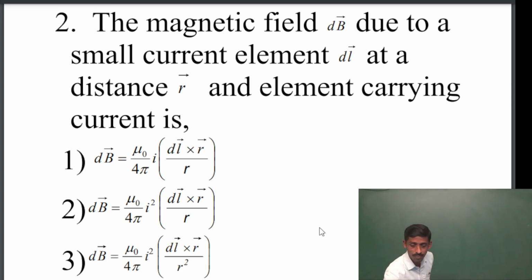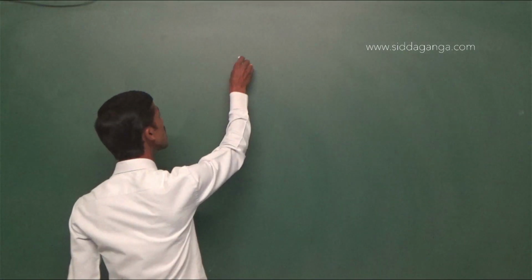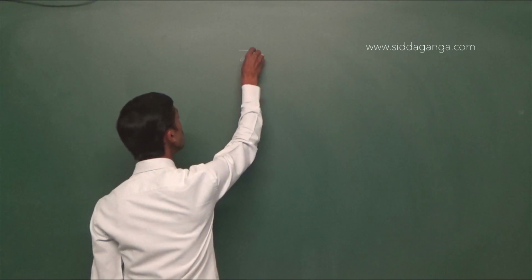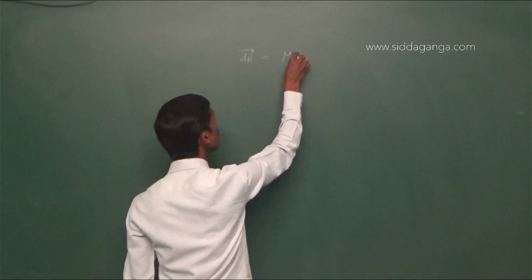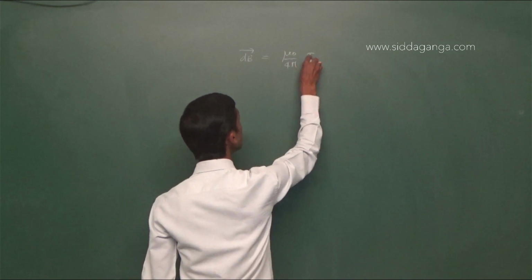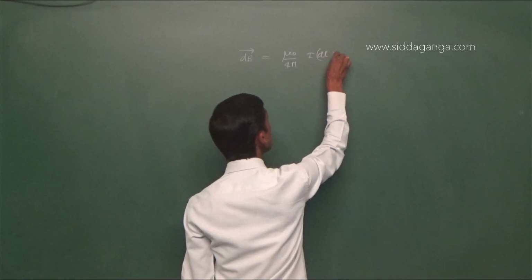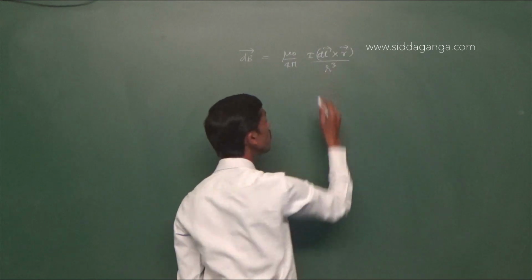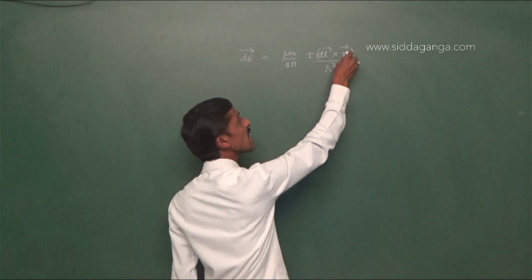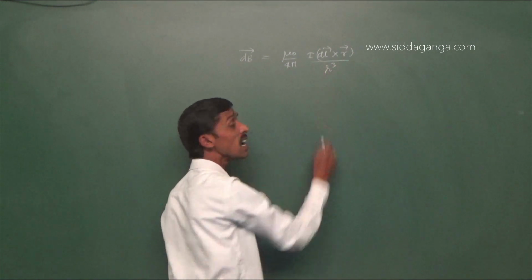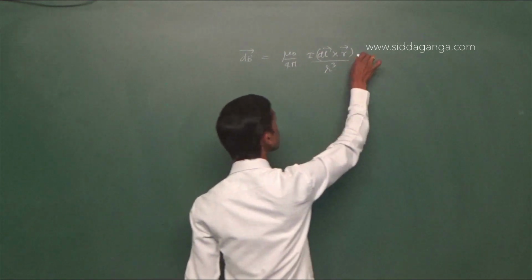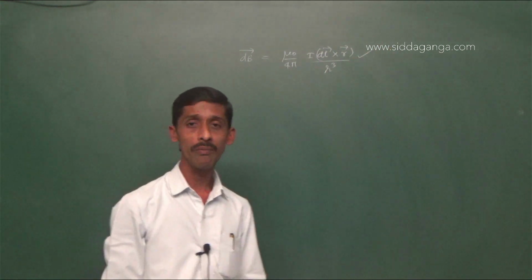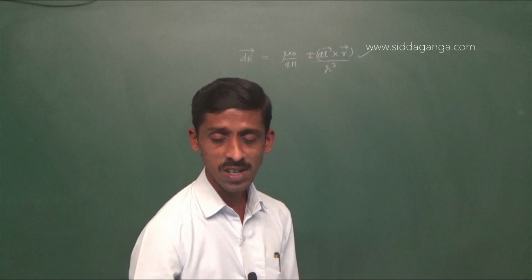As we know, according to Biot-Savart's law, the magnetic field in vector form is mu naught by 4 pi, I dl bar cross r bar divided by r cube. If you write the unit vector r cap in the numerator, in the denominator you will get r square. So this is the expression for the magnetic field due to a current element according to Biot-Savart's law.